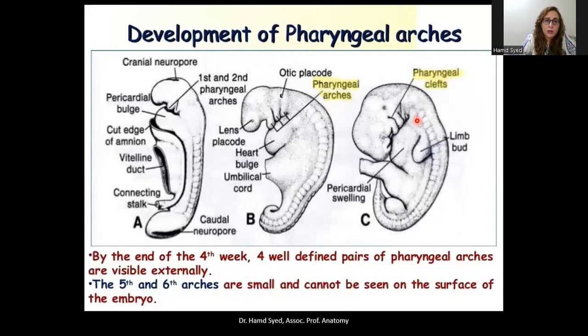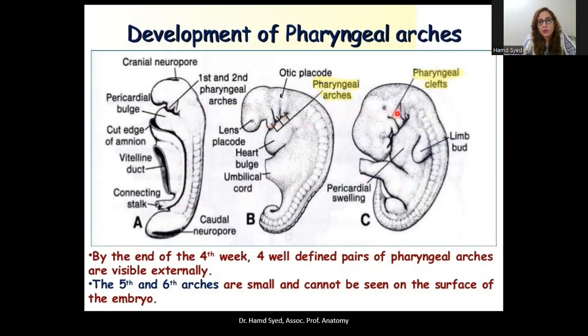Okay, so here are some successive stages in the development of the pharyngeal arches. You can see diagrams A, B, and C. And if you look over here in diagram A, here is the developing head and neck region, and the first and second pharyngeal arches are obvious over here. Then in B, you can see these pharyngeal arches as well.